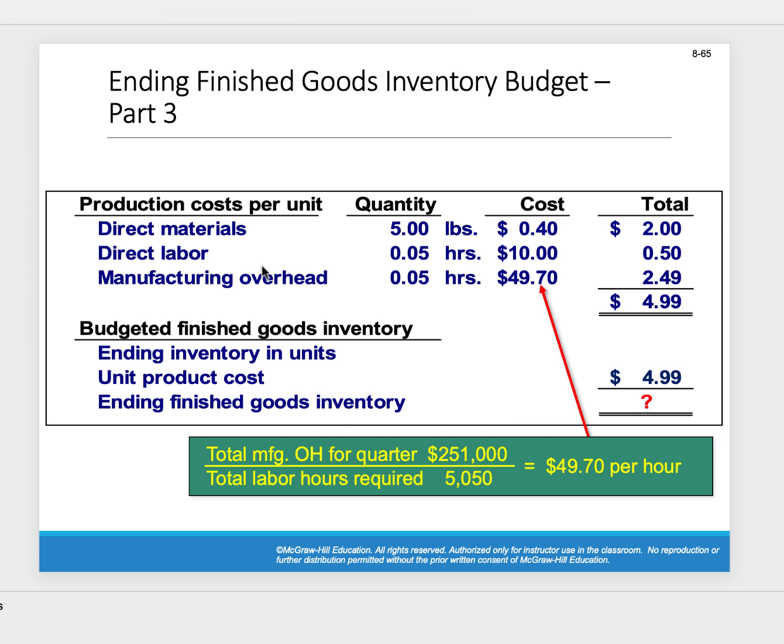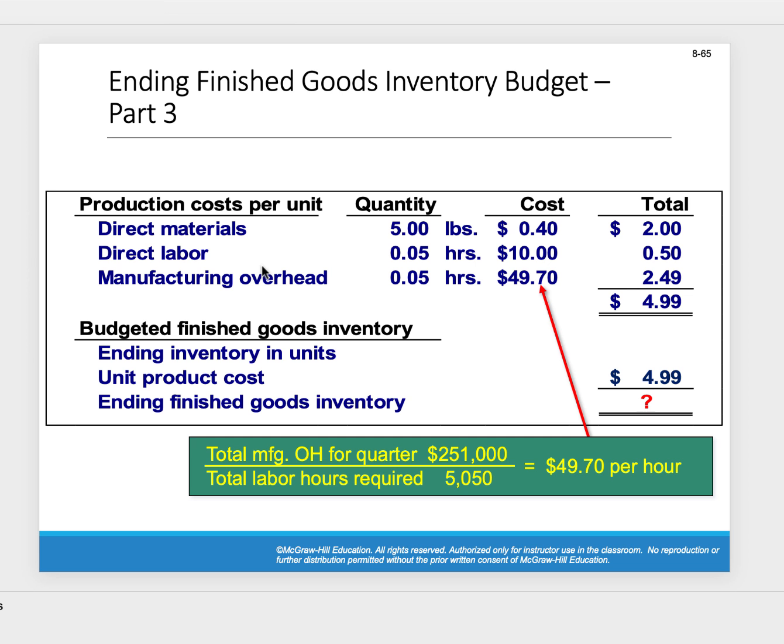Basically, we're paying our labor 50 cents per unit. Okay? Manufacturing overhead is based on direct labor hours: 0.05 times our predetermined overhead rate, 49.70. It should cost us $4.99 per unit.